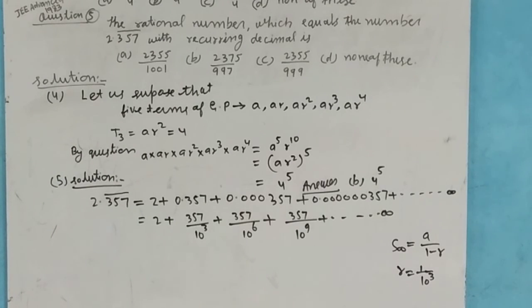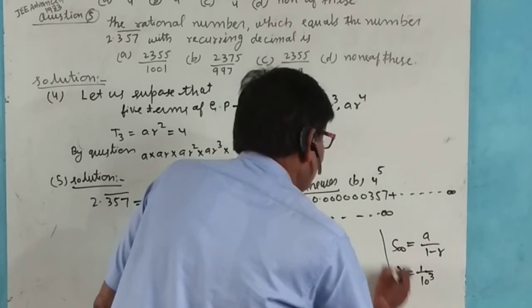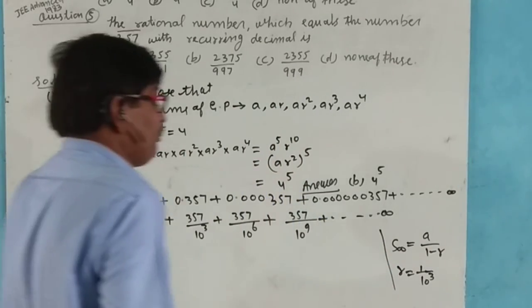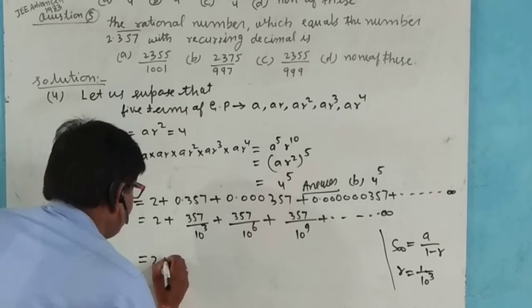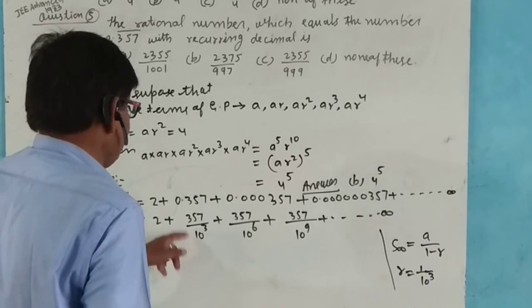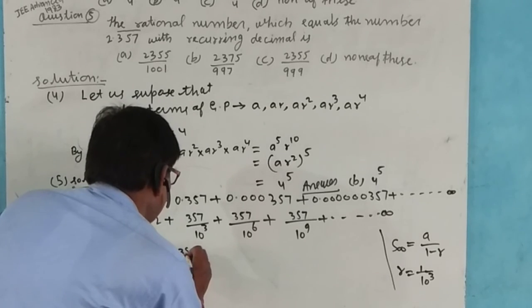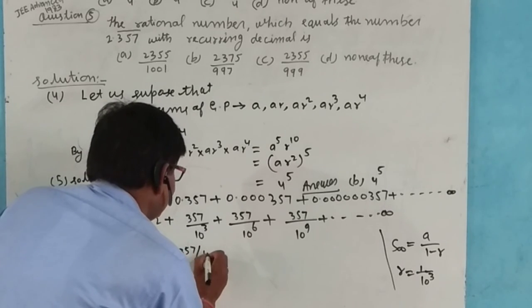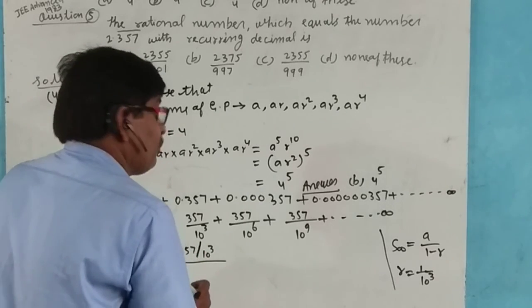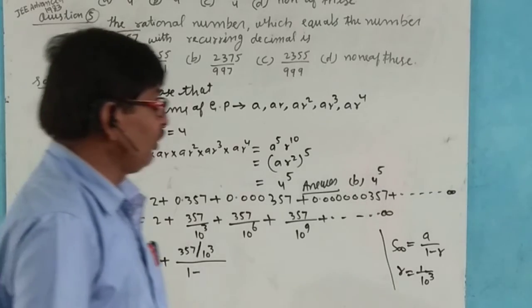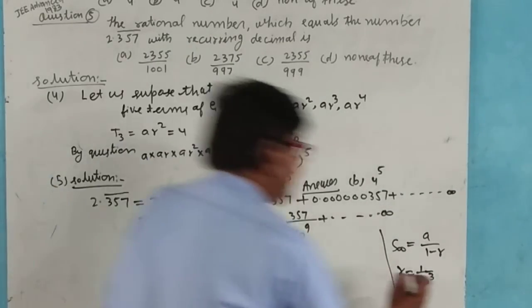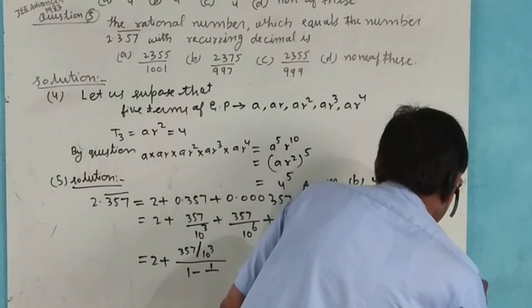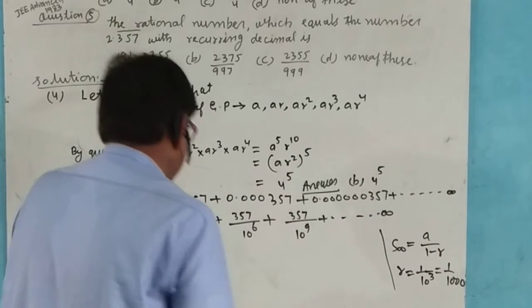Now we apply this formula. First term a equal to this. Now this can be written as 2 plus a, a means first term, 357 divided by 10 to the power 3. This divided by 1 minus r, r equal to 1 by 10 to the power 3. 1 by 10 to the power 3 means 1 by 1000.